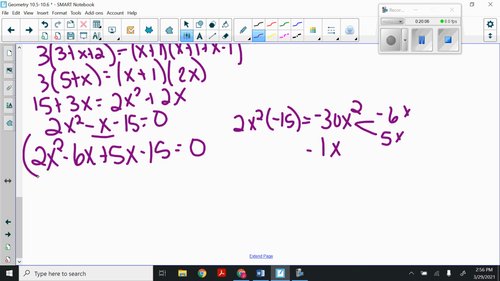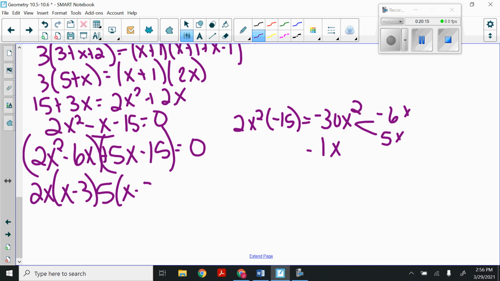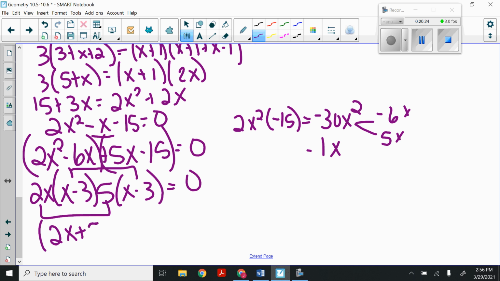So now I can factor by grouping. The first two have a 2x in common, and I get x minus 3 left. These have a 5 in common, I get x minus 3. Remember, when I factor by grouping, I should always get the same thing in parentheses. I combine the first set. So I get 2x plus 5 and an x minus 3.